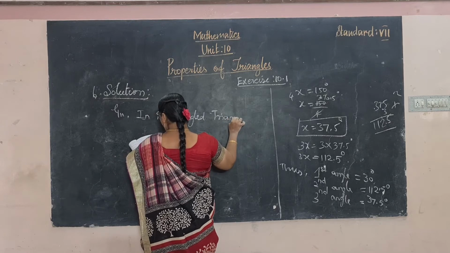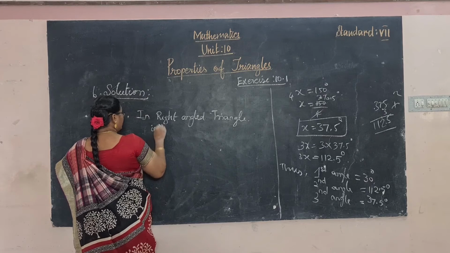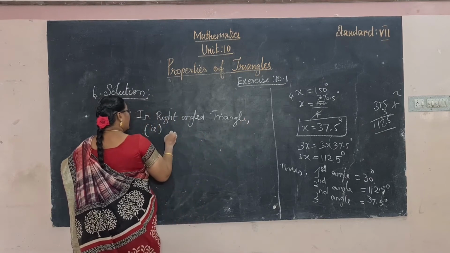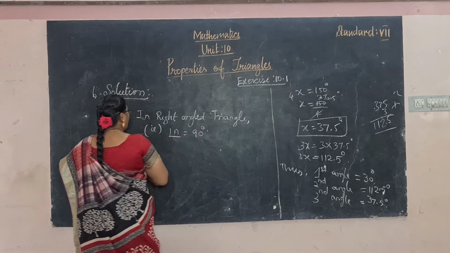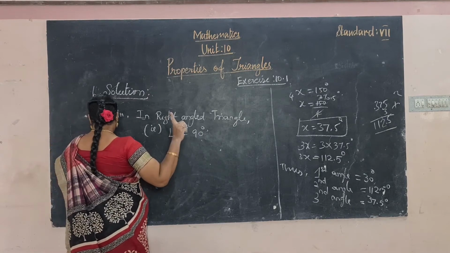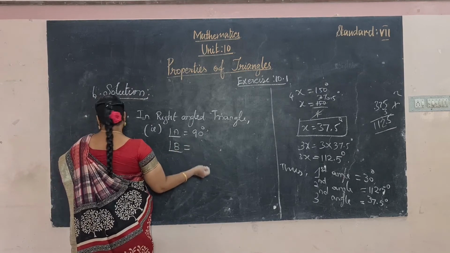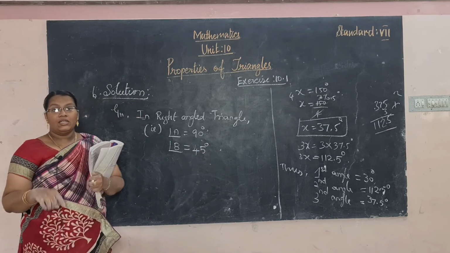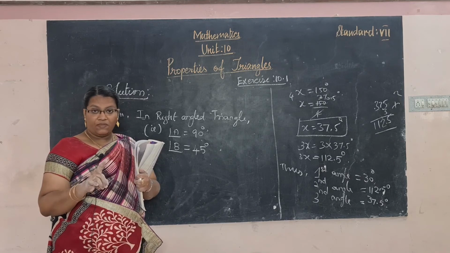Let me consider the angle A is equal to 90 degrees. One more angle is given. We consider B is equal to 45 degrees. So the right angle triangle has a 90 degree angle and the angle B is also given as 45 degrees.